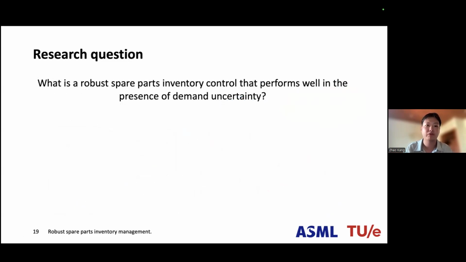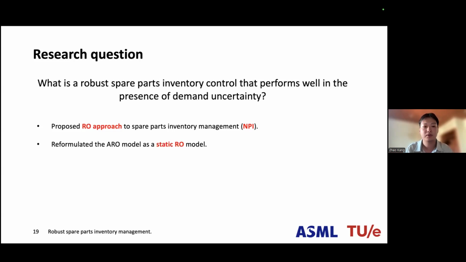Now let's answer our research question. In order to find out what a robust spare parts inventory control that performs well in case of demand uncertainty is, we first propose a robust optimization approach to spare parts inventory management, especially during the NPI stage. In order to solve it, we show how to reformulate the RO problem to a static robust model.